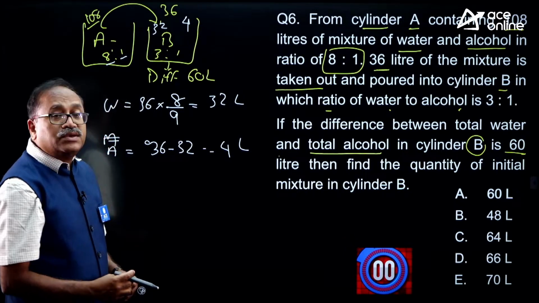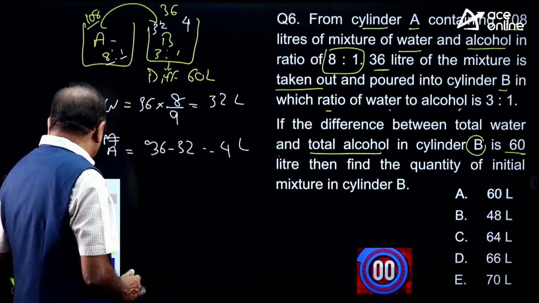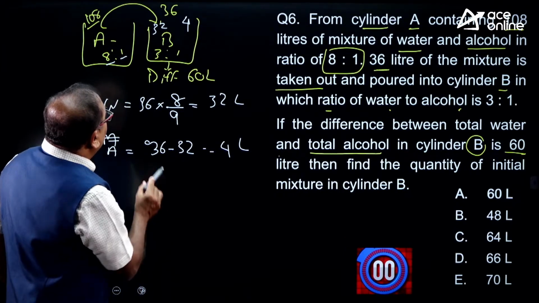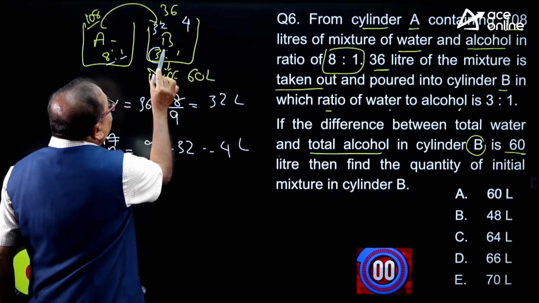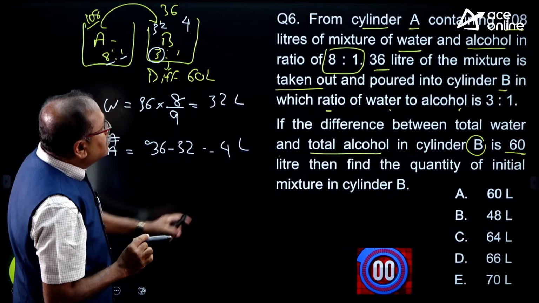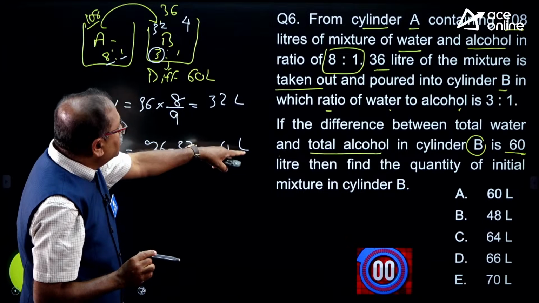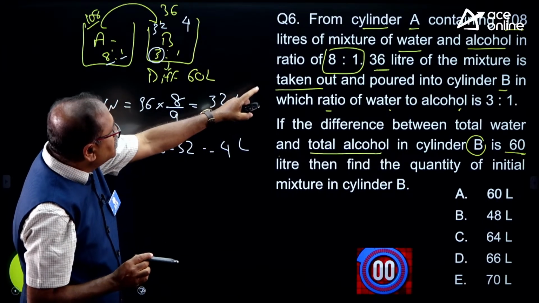Now, how do I answer this question here? Look at this part. I already know here we have 3x as the water. Am I right? The first one is the water.